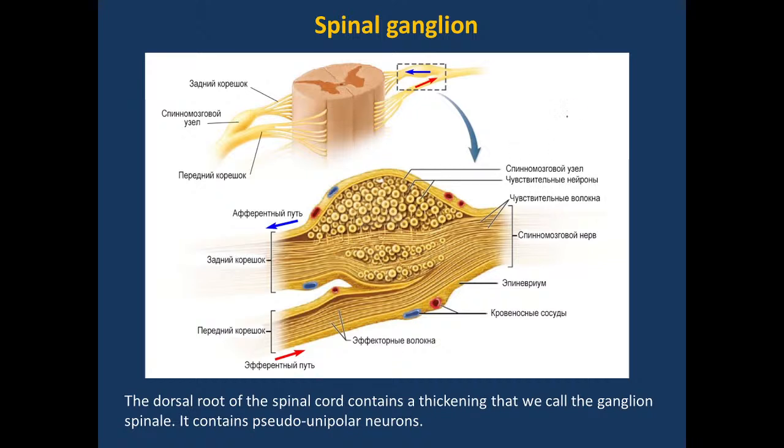Near the joining of posterior and anterior roots in the spinal cord, here near this place, we could find the spinal ganglion. It is located on the dorsal root, immediately in front of its junction with the anterior root.